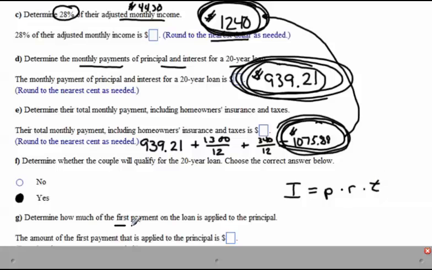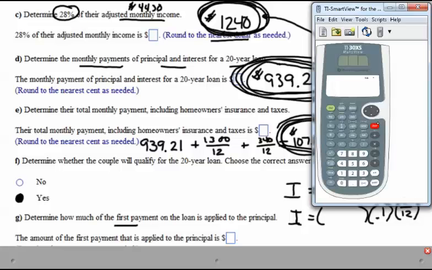Now we're only talking about their first payment, so their interest on their first payment will be equal to their mortgage amount times the interest rate, which is 0.10, times the time, which is just 1/12 of a year, because a month is just 1/12 of a year.